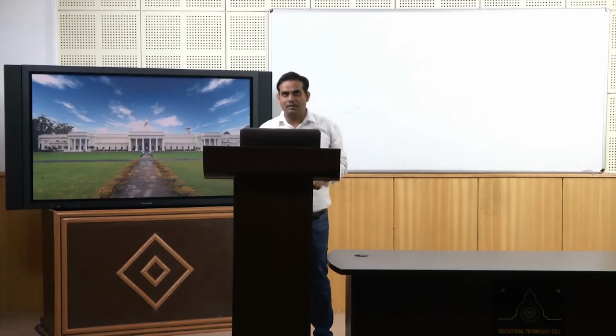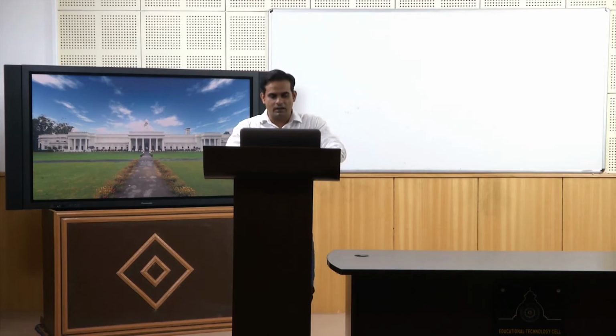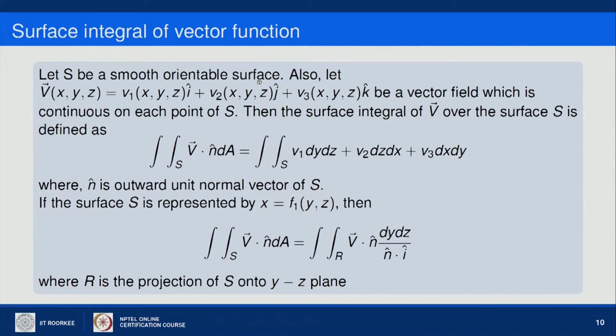So far we have defined the surface integral for scalar function. Now, we will do it for vector function. So, the surface integral of vector function can be defined in this way. Let S be a smooth orientable surface.